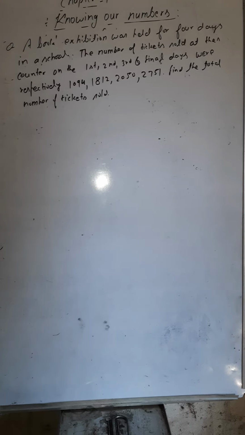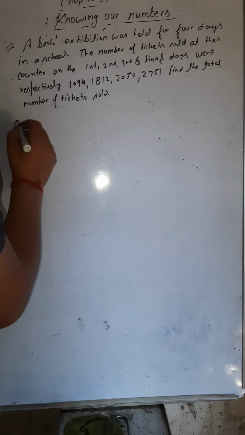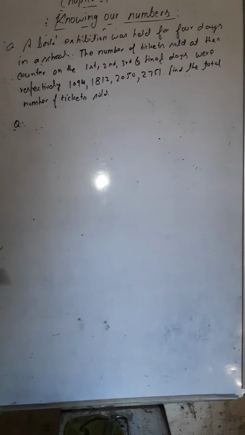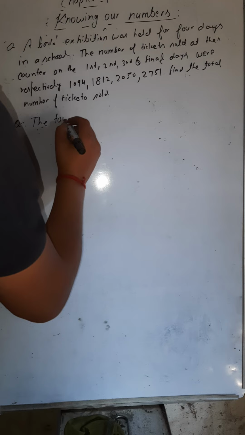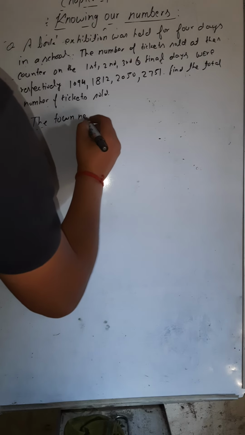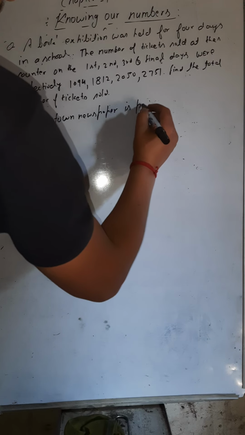So now the next question is, okay, down side I'm writing here next question. Question number 3 for today. Sorry, 3 not 4th one. Okay, question will be, the town newspaper is published every day.